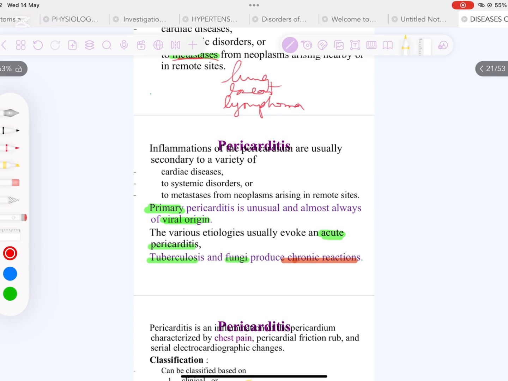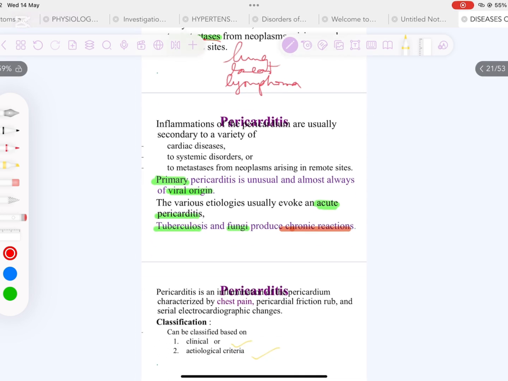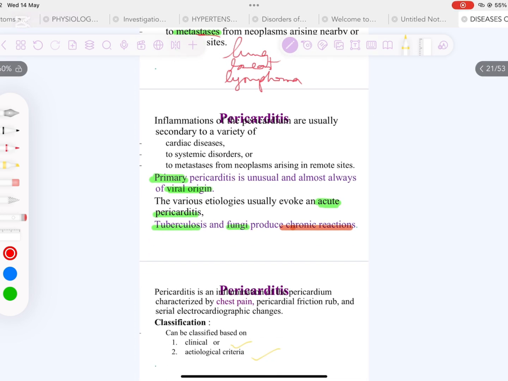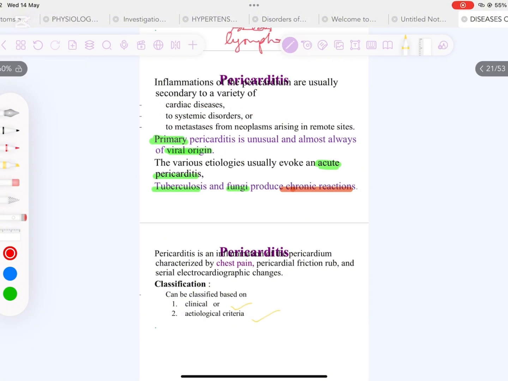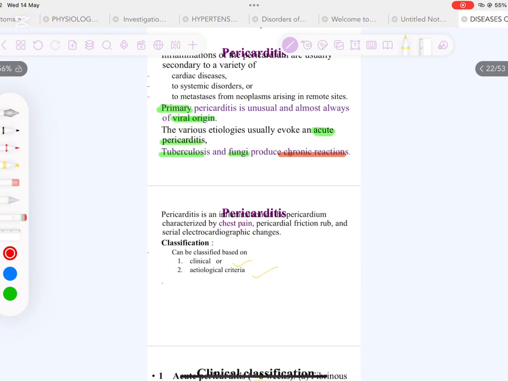Now, inflammations of the pericardium are usually secondary to a variety of things. We have said cardiac disease, systemic disorder, or metastasis. Now, primary pericarditis is unusual. That is, the heart itself just starts becoming inflamed. It's unusual, but if it happens, it's usually of viral origin.